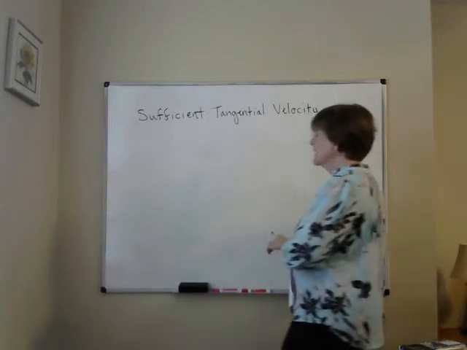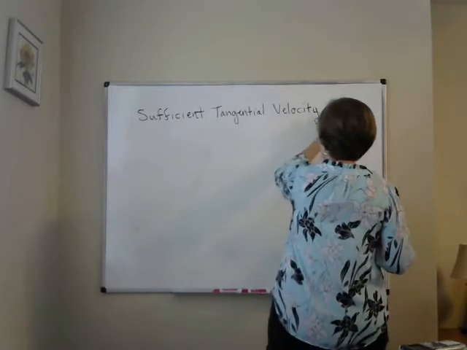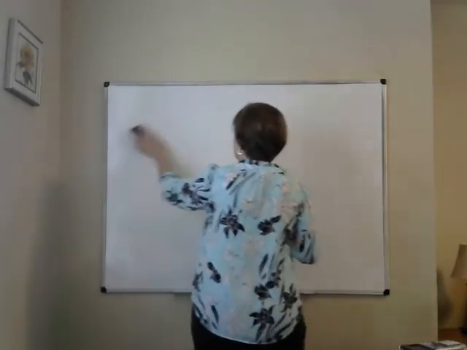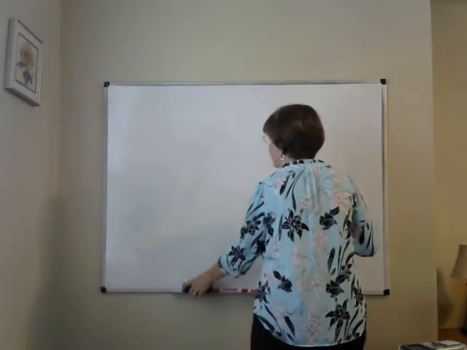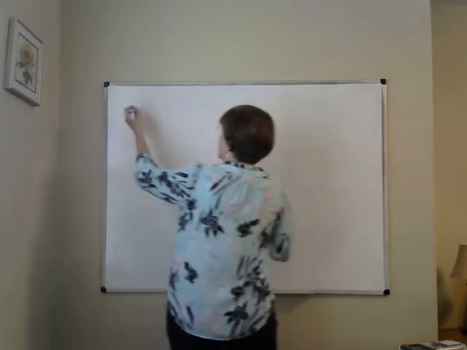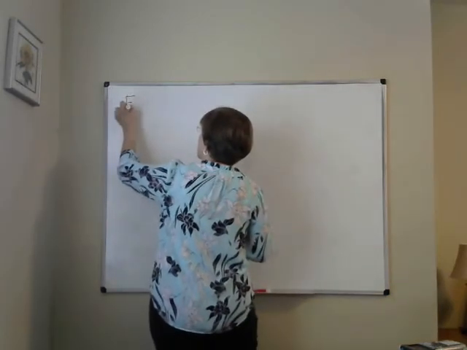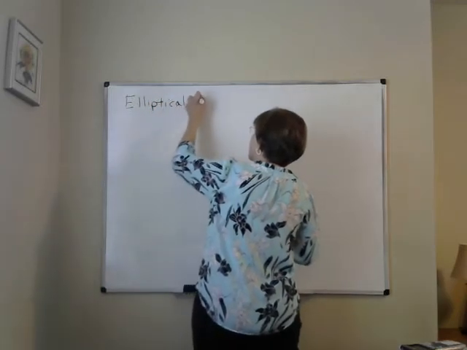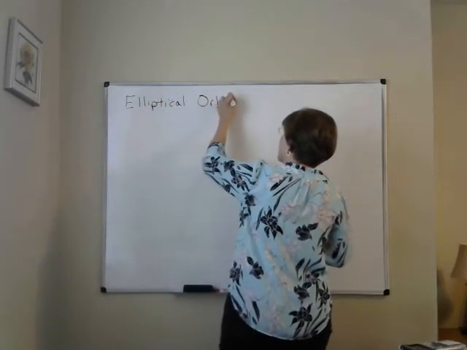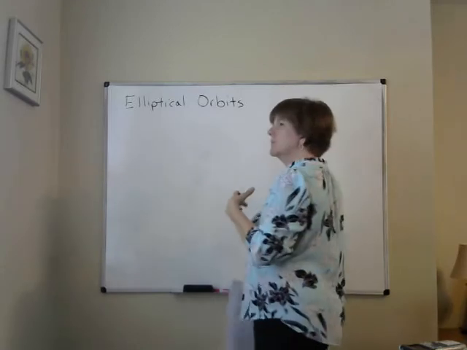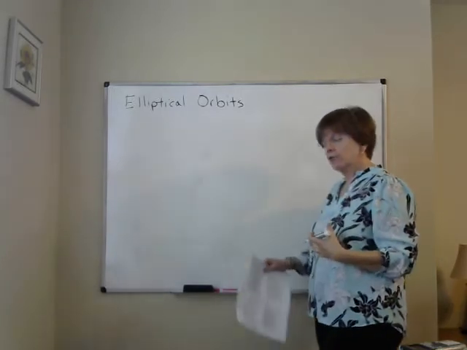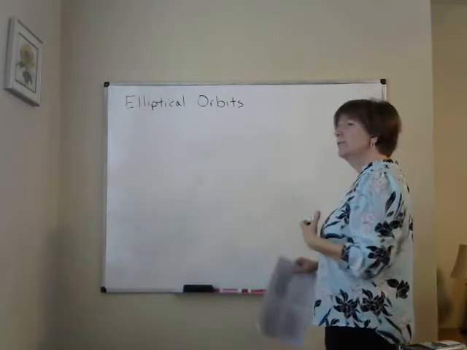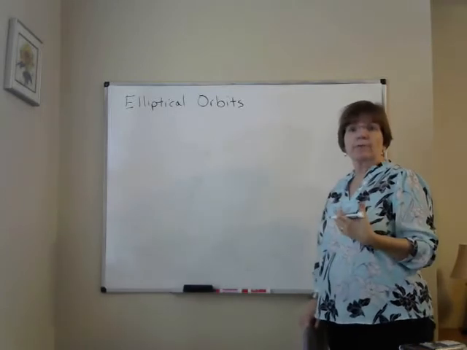There are some things that don't orbit in circles. In fact, there's quite a few things. They orbit in what we call elliptical orbits. An ellipse is just an oval shape, but it does have two foci.